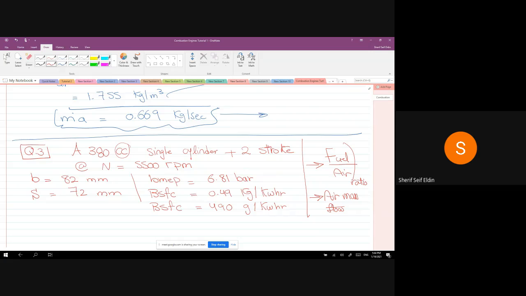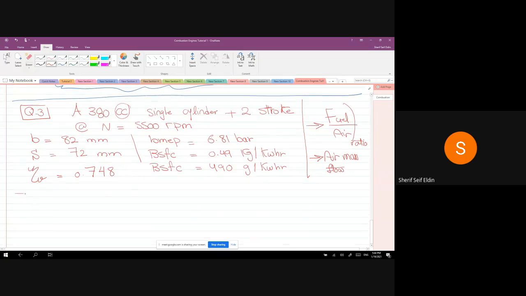Or it's going to be given from the volumetric efficiency. So the volumetric efficiency is also given to you. Eta volumetric is 0.748. That's good. Okay, let's solve this thing.